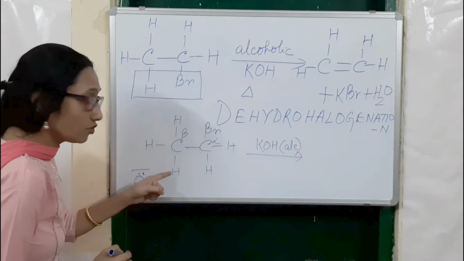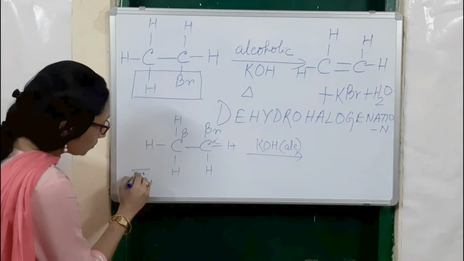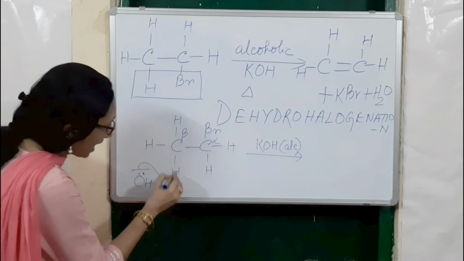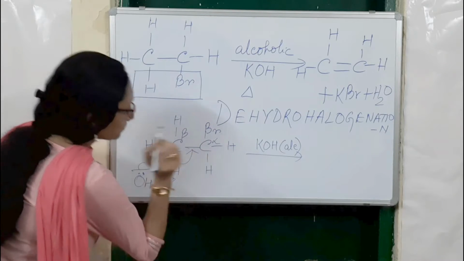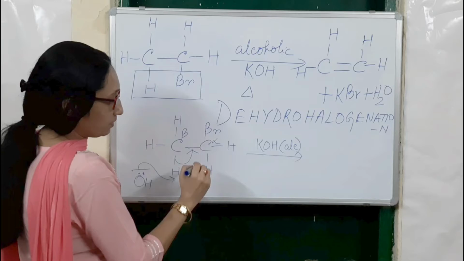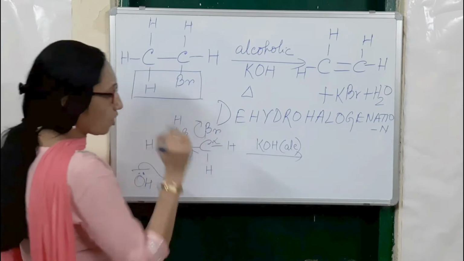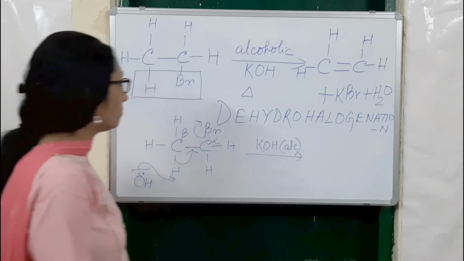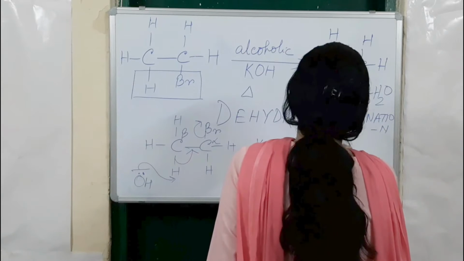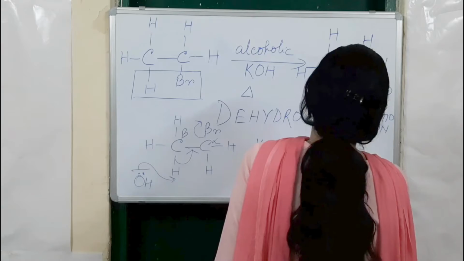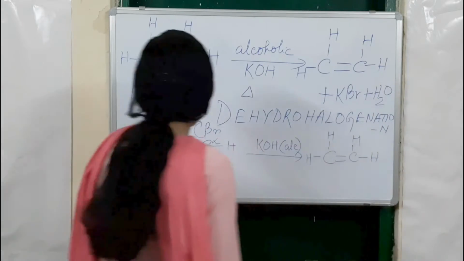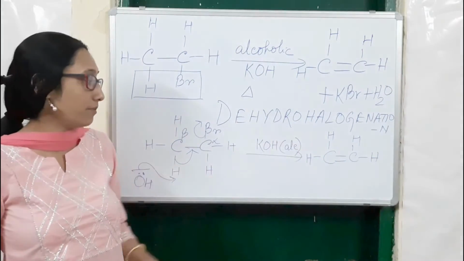So here this hydrogen is the beta hydrogen. So this OH minus will abstract this beta hydrogen. Here a pi bond will be formed and this bond will be broken. So we will get ethylene plus H2O plus KBr.